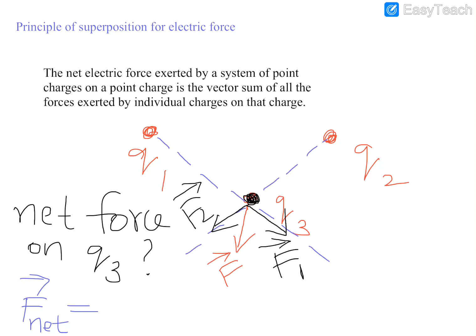That means force exerted by Q1 plus force exerted by Q2. You must add it using vector method. So force exerted by Q1 is F1 plus force exerted by Q2 is F2, and its direction you will get from the diagram itself. It is in the direction of F. So according to the principle of superposition, you can find it.